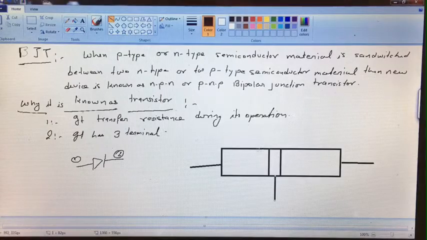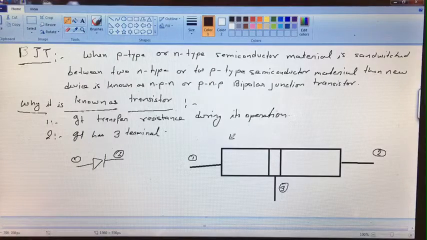This is our BJT, model of BJT, and in this we are saying that first terminal, second terminal, third terminal, in which one terminal is connected to input, and one is connected to output, and third one connected to control the amount of output.